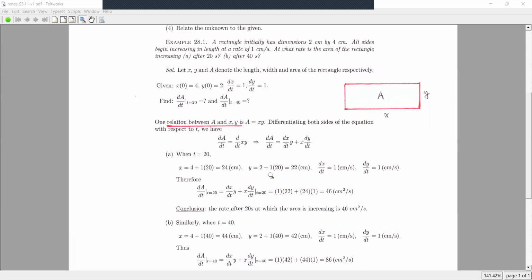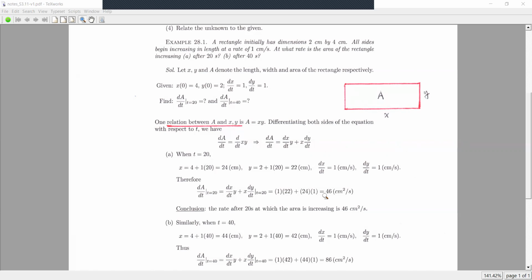Now, plug in all this information in this equation. The rate of the area at time 20 is found by plugging 20 in for the time in this expression. When time is 20, dx/dt is 1, y is 22, x is 24, dy/dt is 1.